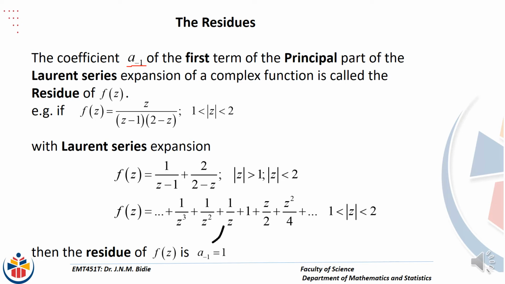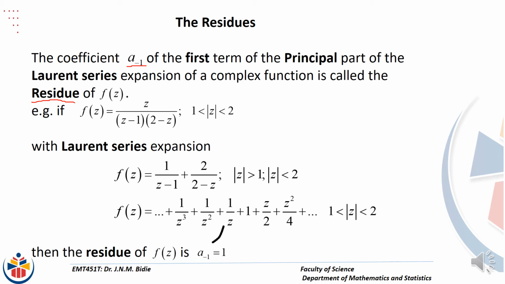And that coefficient is what is known as the residue. So when you have a Laurent series expansion, the first term in the principal part gives you a coefficient which we call the residue.